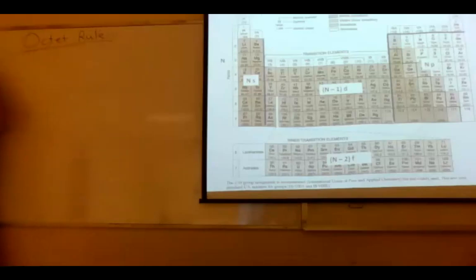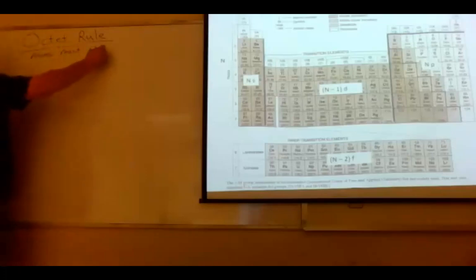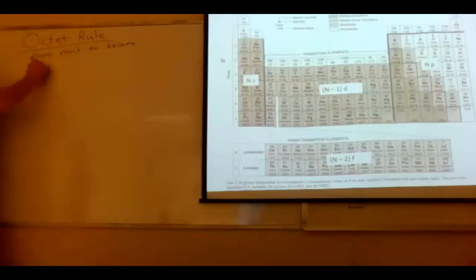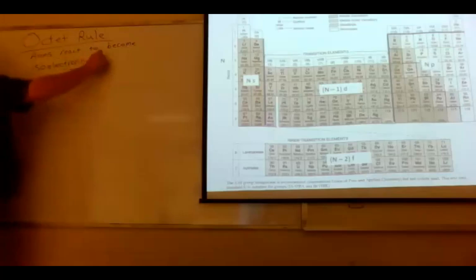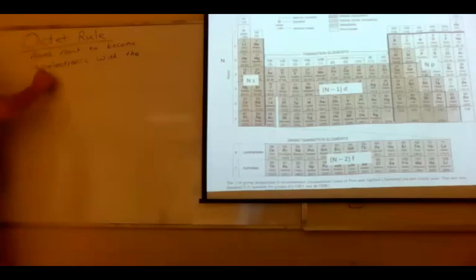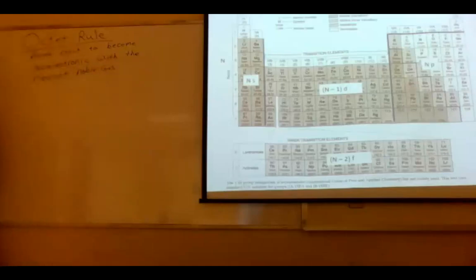The first one we're ready for right now, and it says that atoms react to become isoelectronic with the nearest noble gas. It doesn't have to be the last one they passed. It's whichever one's the closest. Sometimes we'll go forward, sometimes we'll go backwards.